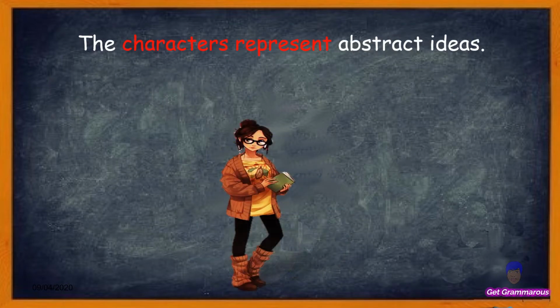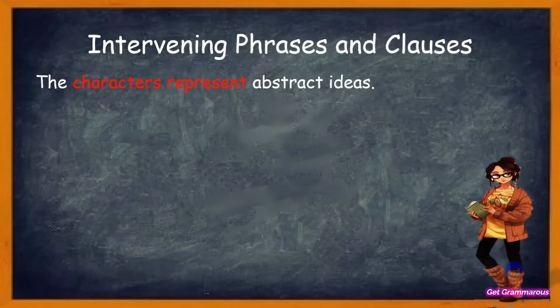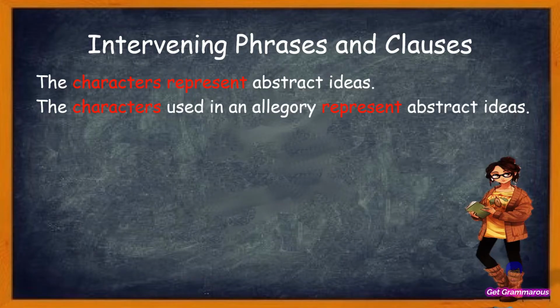For example, the characters represent abstract ideas. The characters used in an allegory represent abstract ideas. Let's look at these sentences more closely. The characters represent abstract ideas.